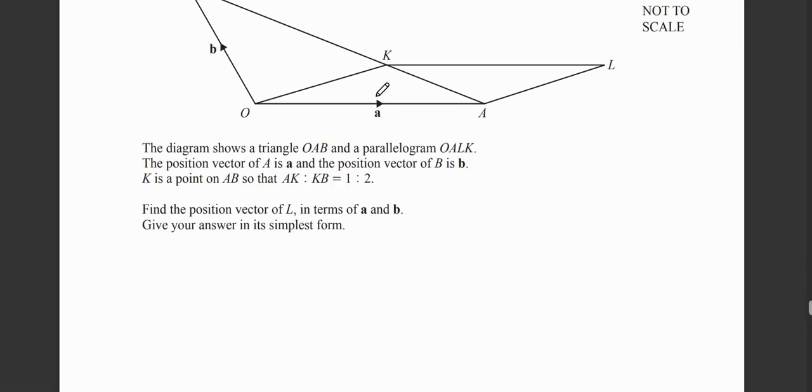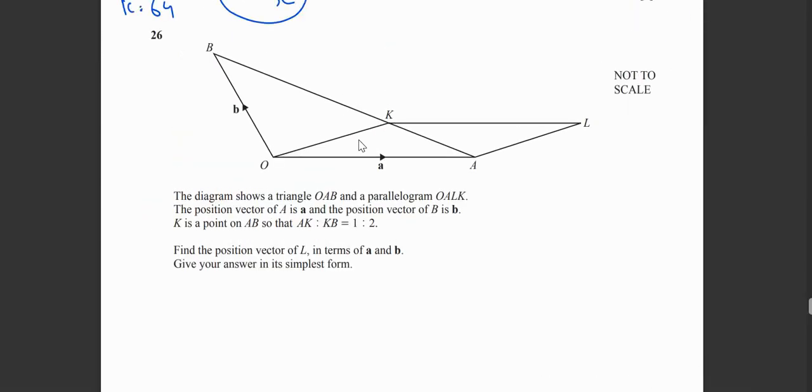Okay guys, first of all, you need to understand that if I try to find AB, the best way is to find things which are not given. AB is equal to OB minus OA, so AB is equal to B minus A. Moreover, AB is equal to AK plus KB.